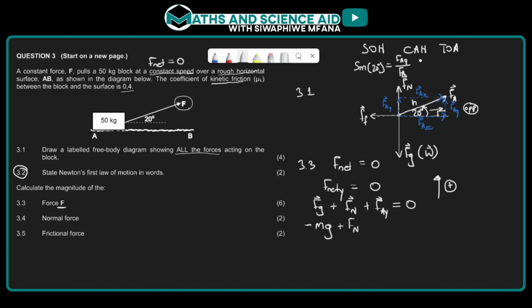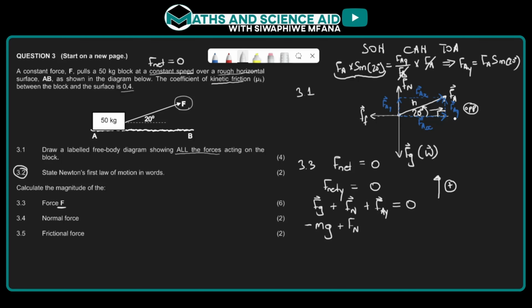Okay, and so basically we can multiply by Fa on both sides of this equation. And if we do that, this Fa cancels with this Fa. And so what we get is that Fa of y is equal to Fa multiplied by sine 20, or just Fa sine of 20 degrees. So here, in place of Fay, we can write Fa sine of 20 degrees.